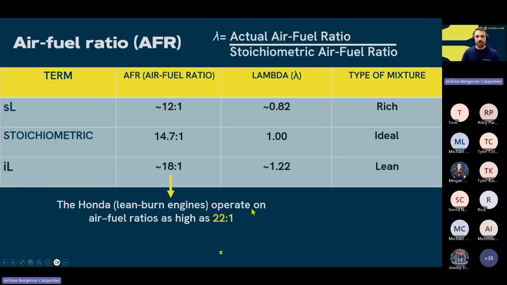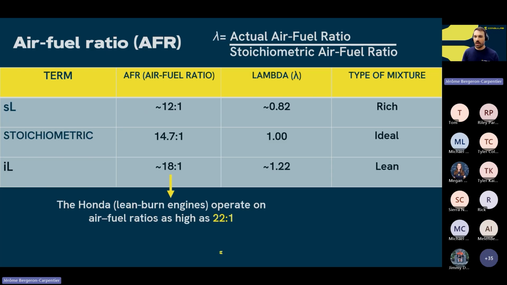So that Honda engine with 22:1 is only going to be activated where the load, the charge, the RPM is super low on the engine, and we don't need that much power.